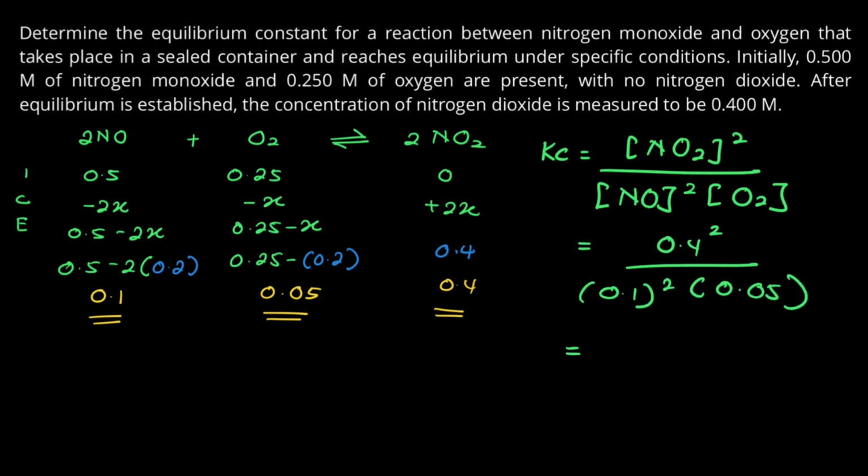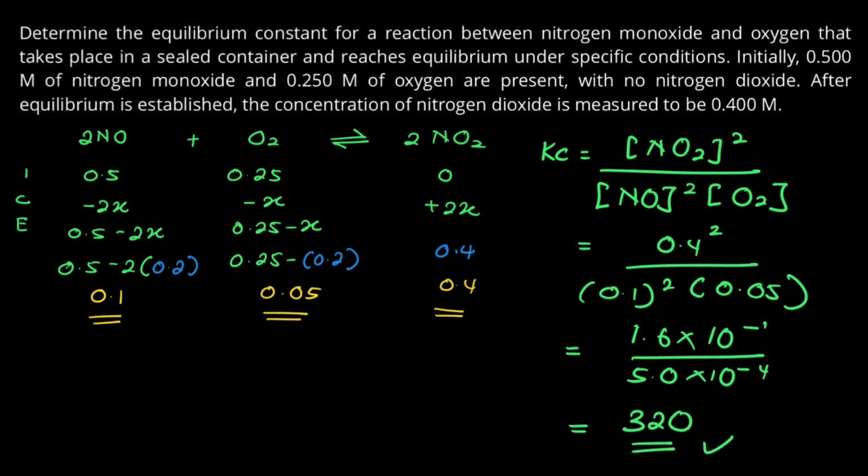Therefore, you will get 1.6 times 10 to the power of negative 1 divided by 5.0 times 10 to the power of negative 4. Therefore, your Kc should be equivalent to 320. So this is the final answer for this question.